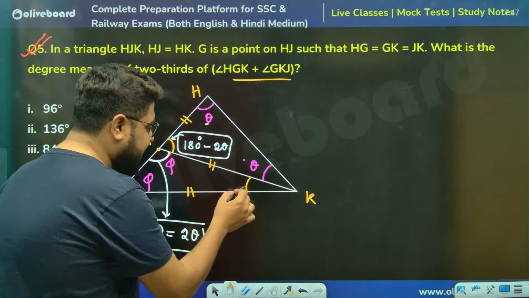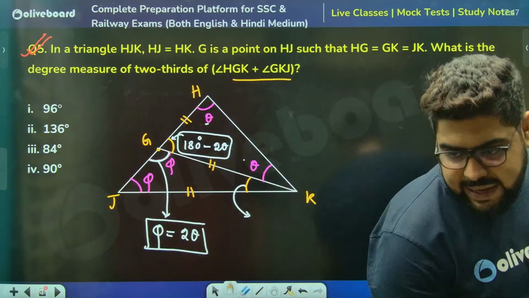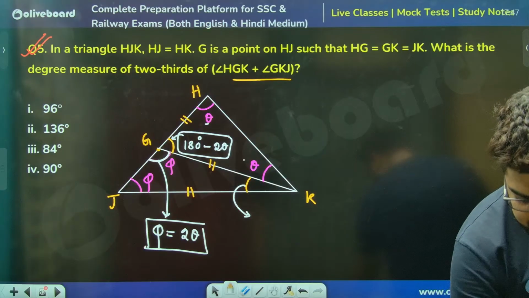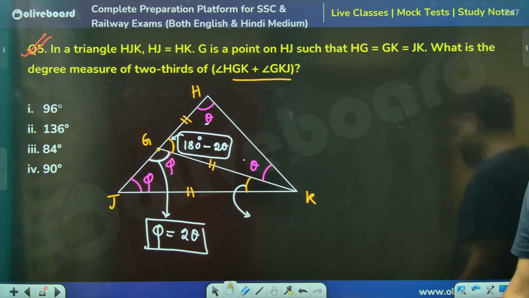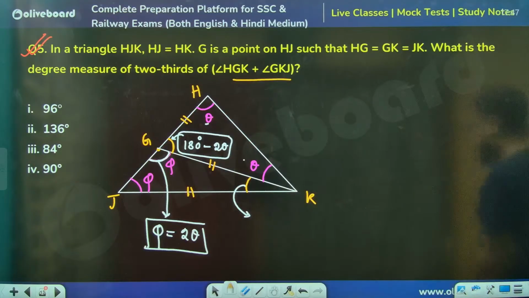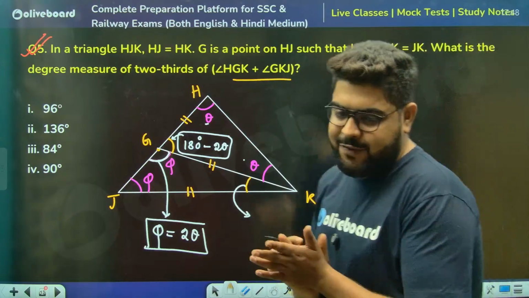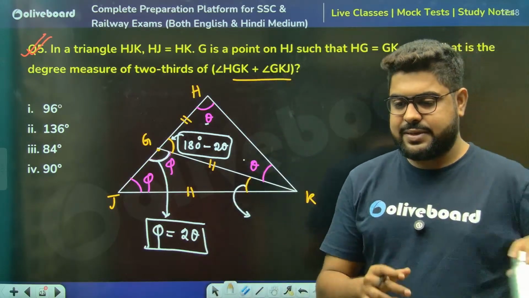Similarly, can anyone tell me anything about this angle? Any information that you can draw regarding this angle? We'll solve this, then I'll tell you which exam the question is from.